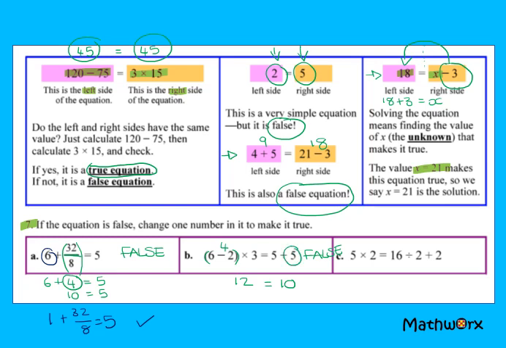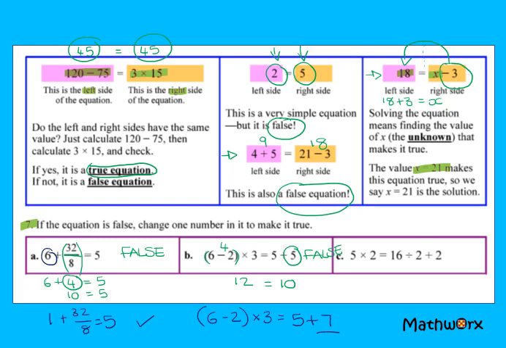We have to add 7, because 5 plus 7 gives me 12. So on the left-hand side, we're going to have 6 minus 2 times 3 equals, and on the right-hand side, in order to make it true, we have to say 5 plus 7, and that 7 makes it true.